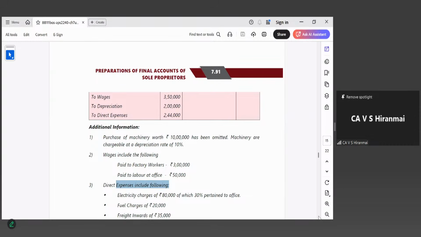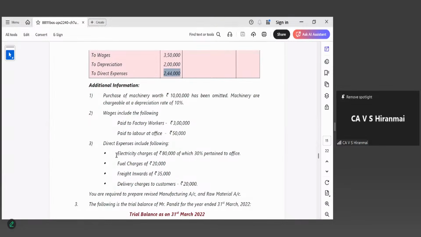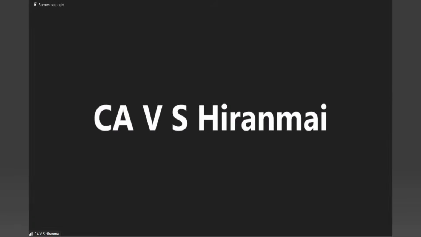Out of which all of you please see here. Electricity charges of 80,000, out of which 30 percent pertained to the office. That means out of 80,000, 30 percent will not come here. So 80,000 into 30 percent is how much? 24,000. So you should first exclude it, correct?